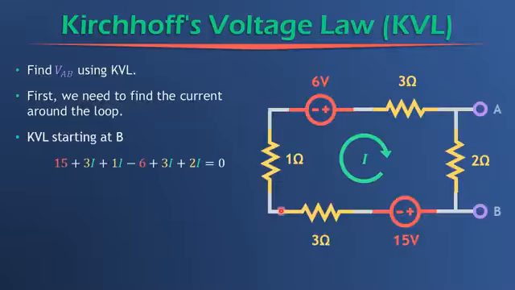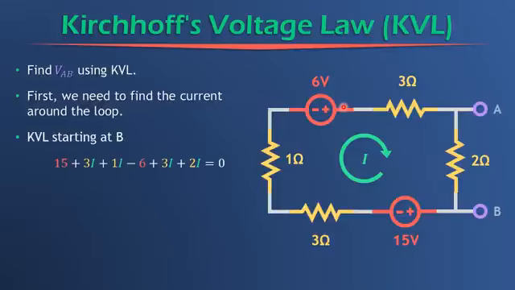And then you come to this 1 ohm resistor, and it's also going to be a voltage drop because it's a resistor, and it's 1 ohm times the current I, so 1I. And then you get up to this 6 volt source, and you're going to go from negative to positive on your 6 volt source, so that's in fact a voltage rise.